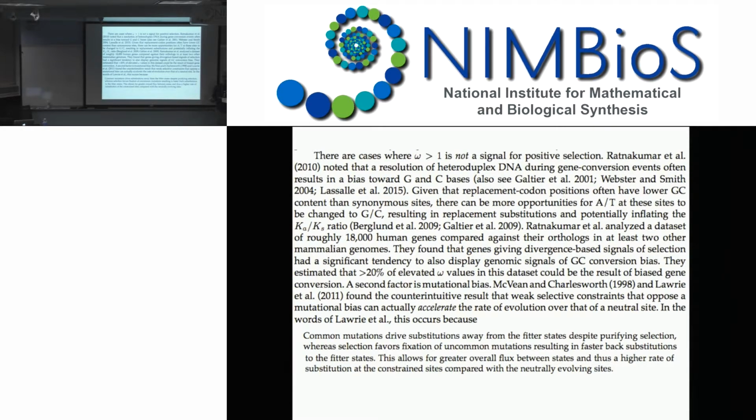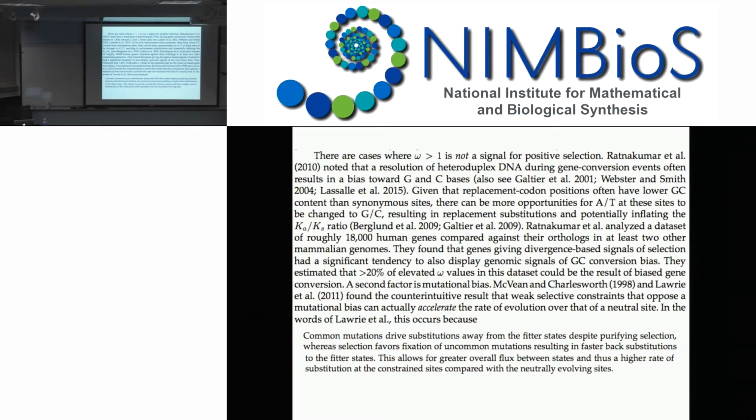I would expect to get 2 red and 2 blue, but you can often see 3 red and 1 blue, or 1 red and 3 blue. That's gene conversion. It actually happens a lot more than people think, and there's an intrinsic bias to it, so you can get a sequence tendency where replacement sites have a lower GC content, and there are more opportunities for AT to be changed to GC from conversion bias.